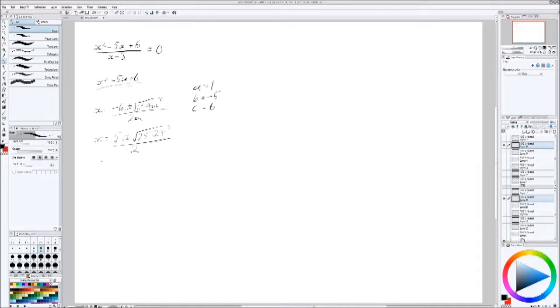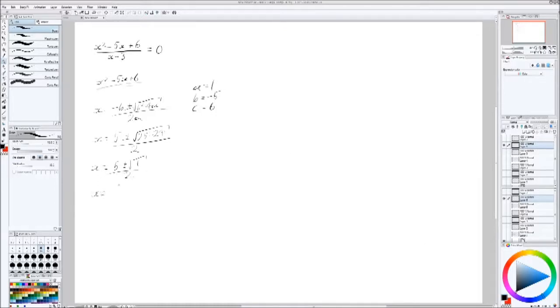So what we end up getting, now that plus minus, this is because of square roots, because as I said before, if you square a negative number, you're going to get a positive number, therefore any square root, you could have a positive or negative result. So we end up getting x is equal to 5 plus minus the square root of 1, and the square root of 1 is 1, divided by 2.